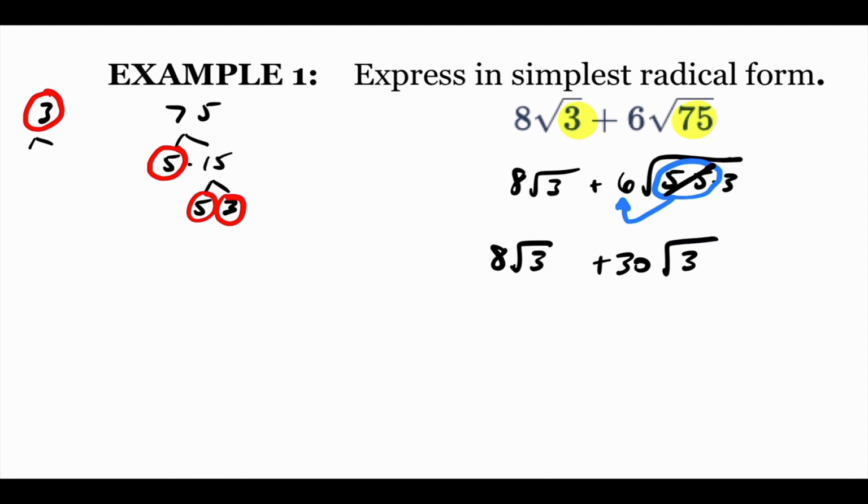So we're not going to add the 3's. We're only going to add the numbers in front. So you're only going to add 8 plus 30. 38. Square root 3 is going to stay that way. We do add the coefficients, but we don't add the numbers inside.